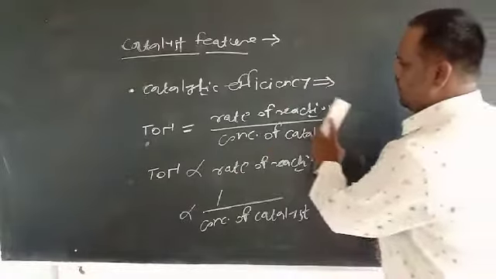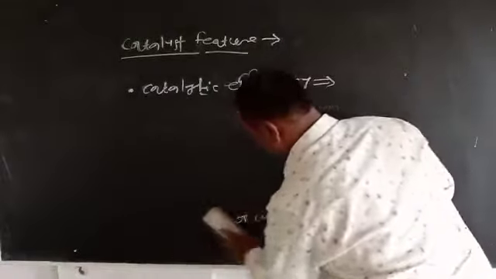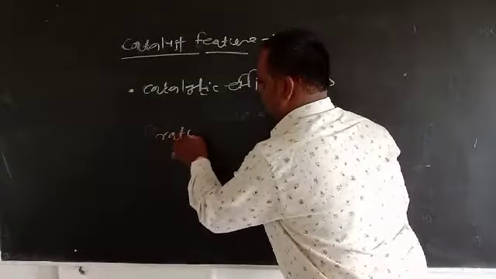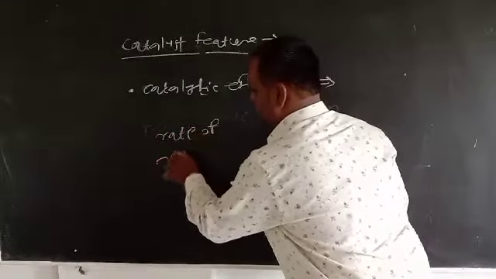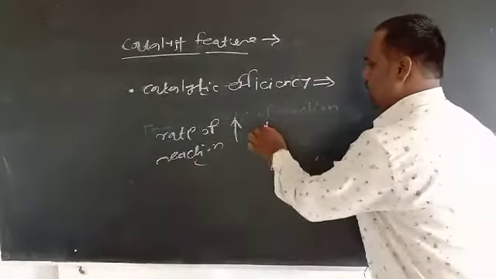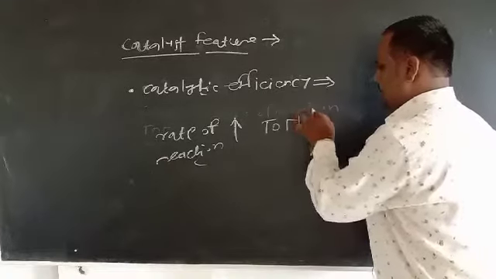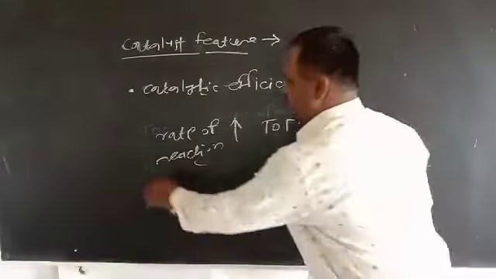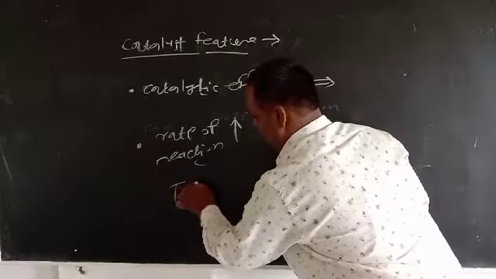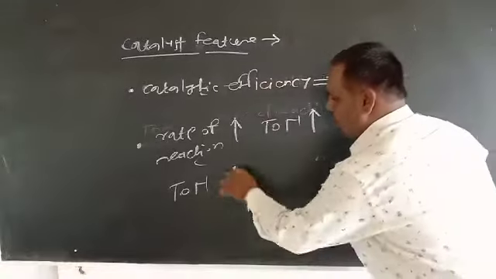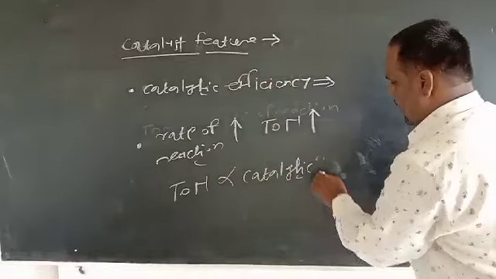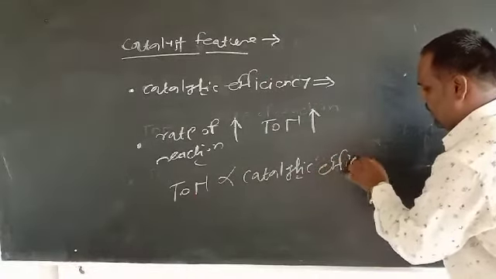So in other words, we can say that as the rate of reaction increases, the turnover number also increases. And second, turnover number is directly proportional to the catalytic efficiency.